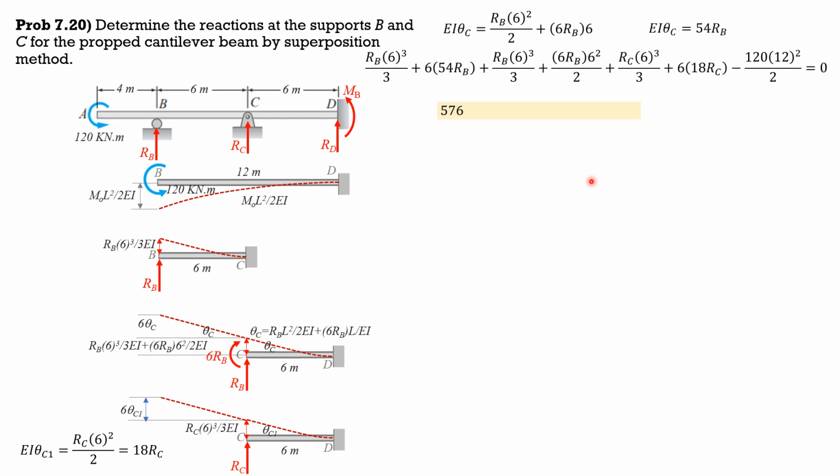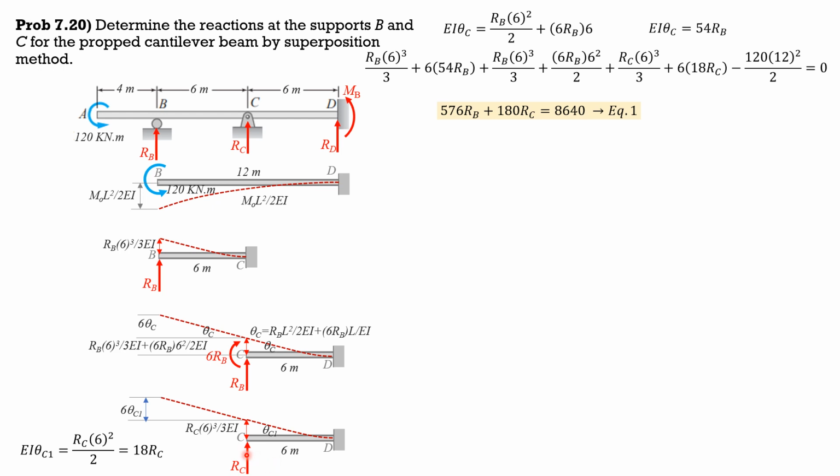So simplifying, 576 RB plus 180 RC equals 8640. Call that equation 1. Then for the deflection at C, equate to 0.